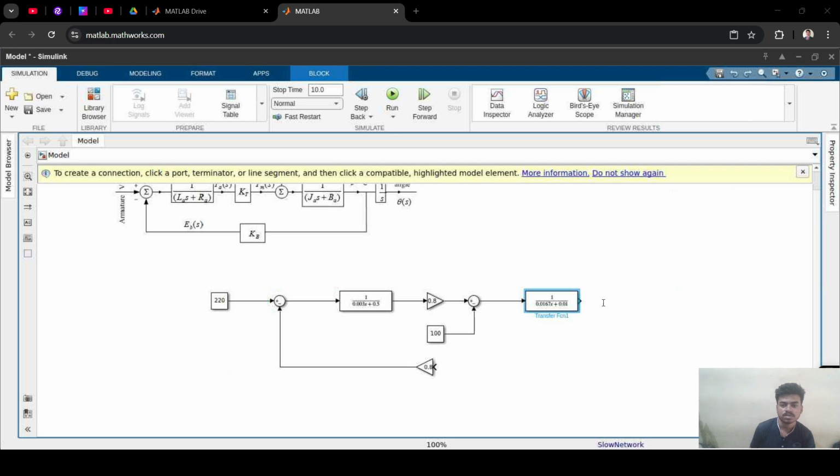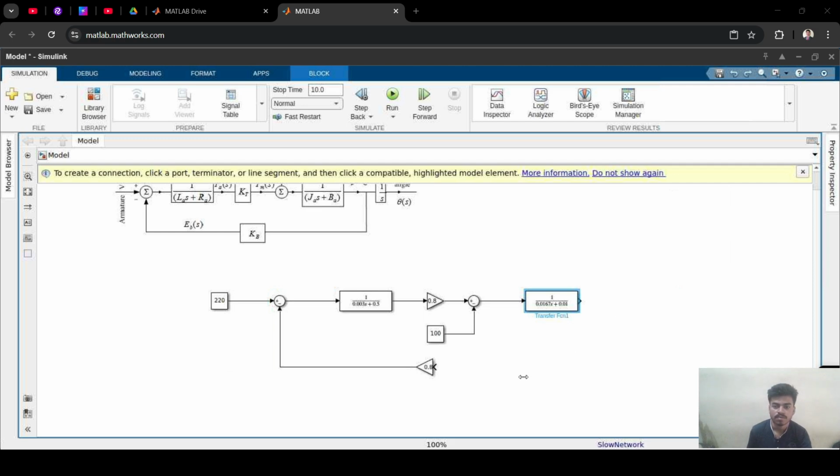This transfer function represents the mechanical dynamics of the DC motor. The inertia is 0.0167 in kg meter square, and the damping coefficient is 0.01 Newton meter per second. The output of this block is angular velocity omega m in radian per second.